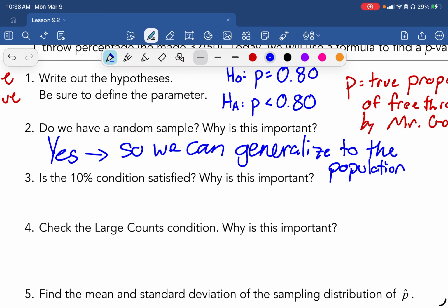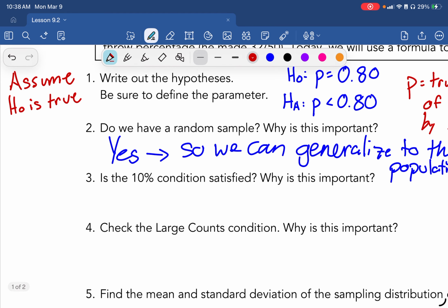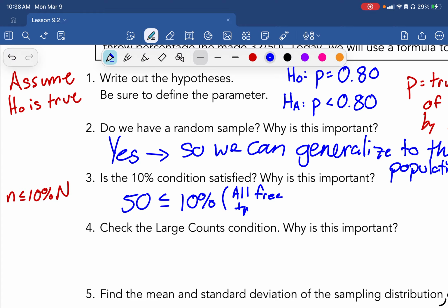Is the 10% condition satisfied? Remember, the 10% condition, if you need this, is that your sample size is less than or equal to 10% of the population. Here, our sample size is 50, and that is less than 10% of all free throws that Gomez could attempt. He could keep going forever with these.